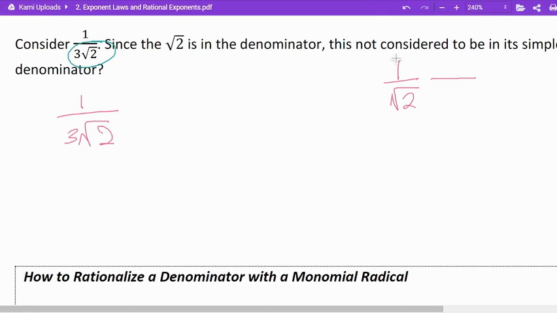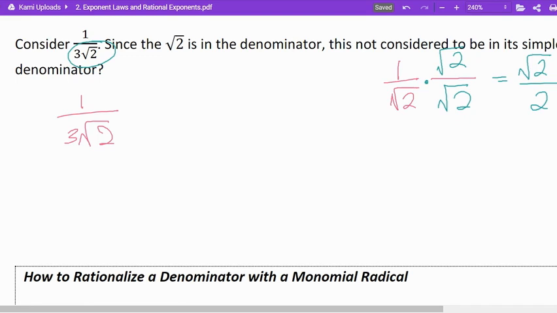Okay. So is that what you were going to say, Liam? Yes, I was. Okay. Do this. Well, 1 times root 2 is just root 2. Root 2 times root 2 is just 2.